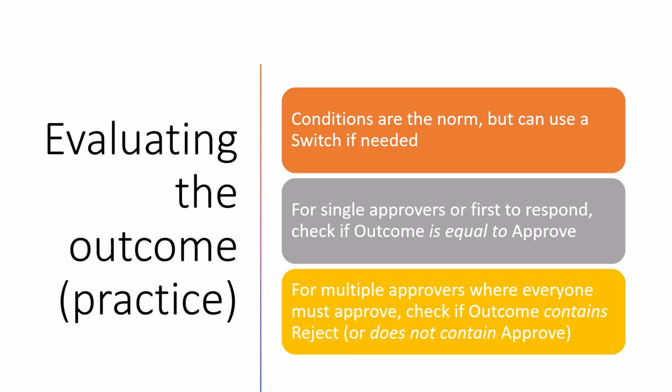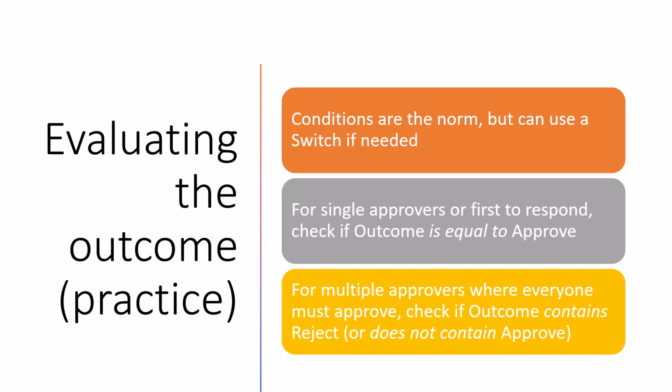Whereas if you use a switch, you define a different pathway based on what that value is. So the switch would look at the outcome, and if the outcome is approve, then do this. If it's reject, do this. If it's hold, then do this other thing. So basically a switch is just a condition with more than two pathways coming out of it.